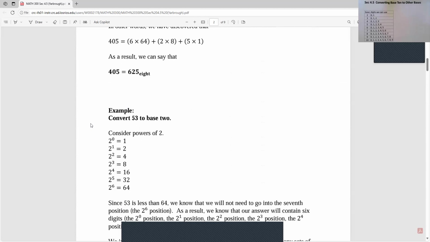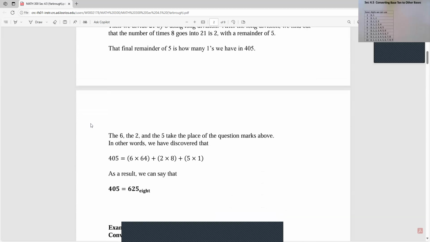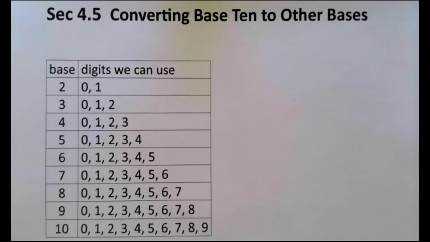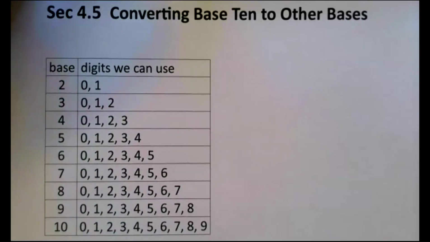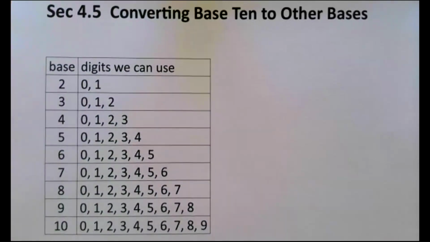This is a reminder that when we do switch from base 10 to a different base, there's only certain digits we're allowed to use. This table showed up in the previous section, but I wanted to show it to you guys again.